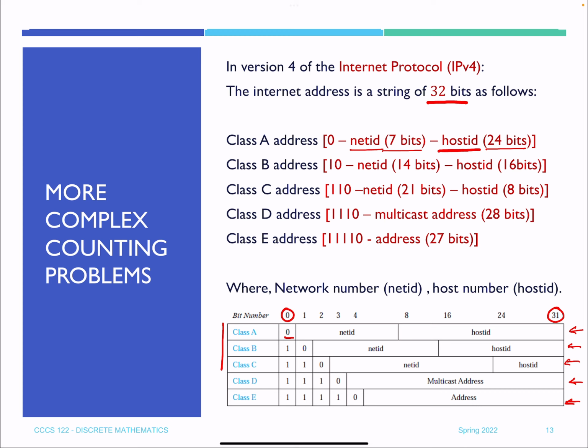For class B addresses, the first 2 bits are fixed to 10. The next 14 bits make up the network ID, and the last 16 bits make up the host ID. For class C addresses, the first 3 bits are fixed to 110, followed by 21 bits that make up the network ID, with the last 8 bits making up the host ID. You get the idea.